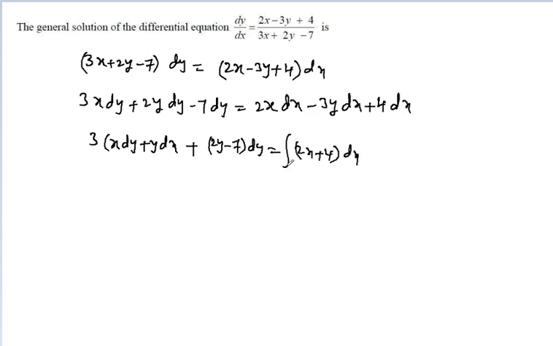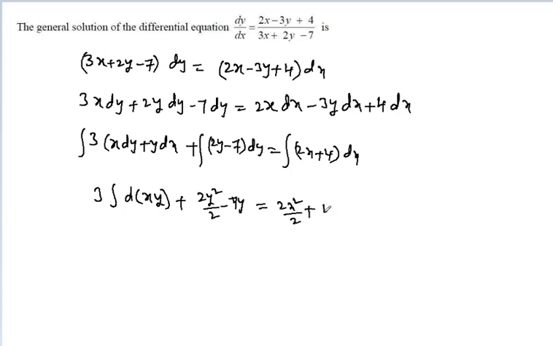Now take integration on both sides, that is this is 3 constant, integration of this is derivative of xy, plus 2 into y integration, that is 2y square by 2 minus 7y is equal to 2x square by 2 plus 4x plus c. Here 2 to cancel, here 2 to cancel.